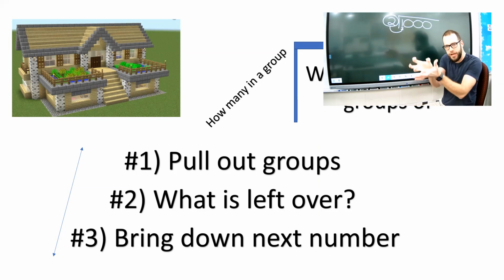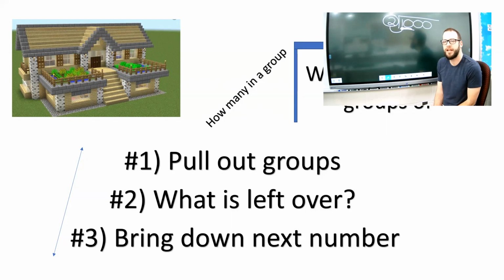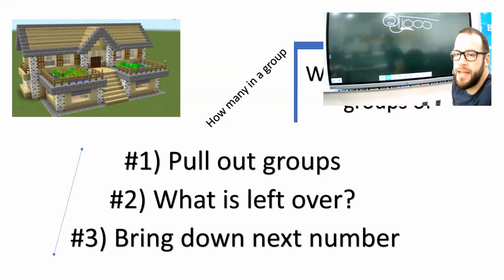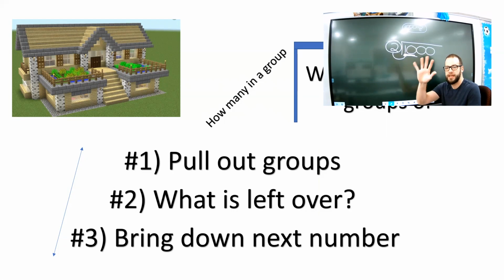No, I can't take groups of 2 from just 1. So for the very first one, you're allowed to reach over and grab the next digit. Can I take groups of 2 from 10? And that answer is yes, you can. 2, 4, 6, 8, 10. How many groups of 2 come out of 10? 5.